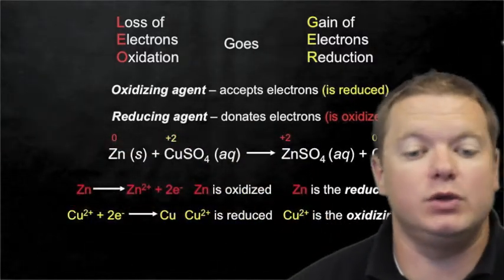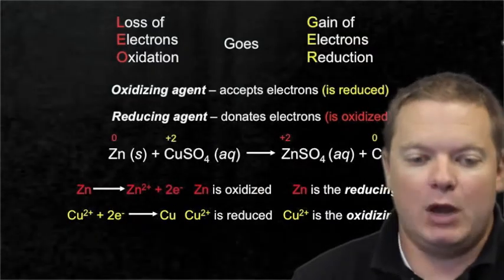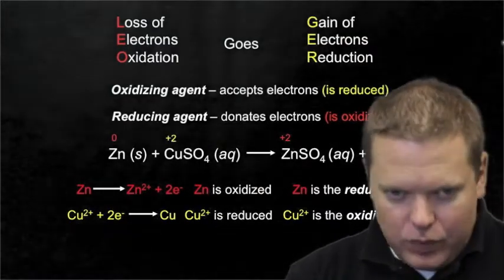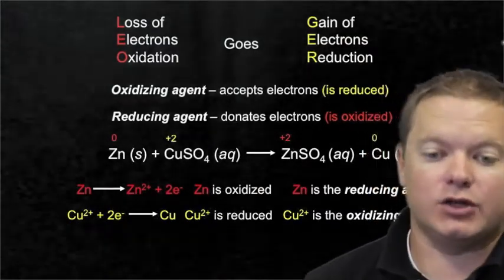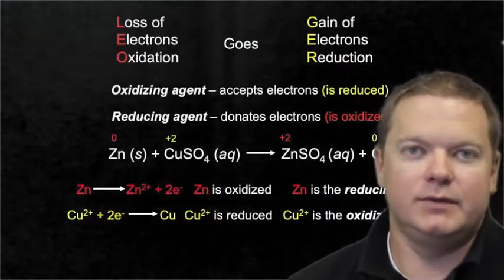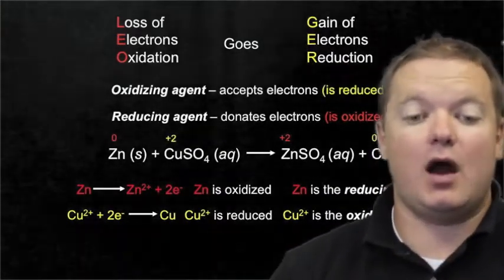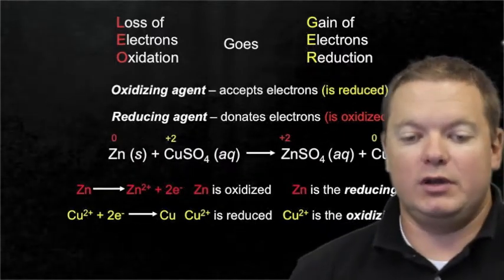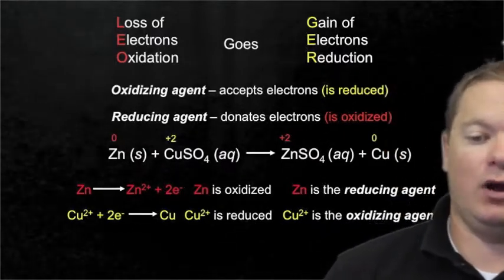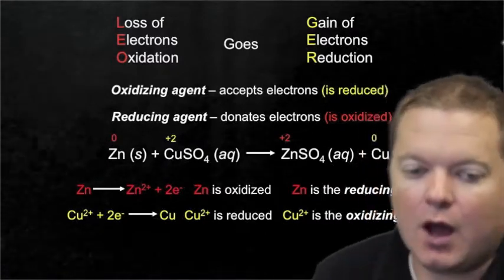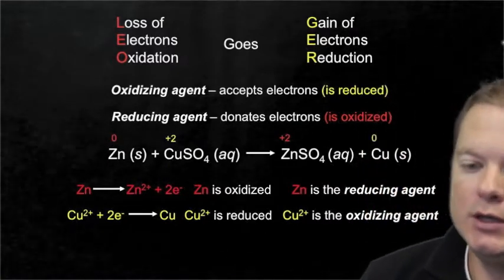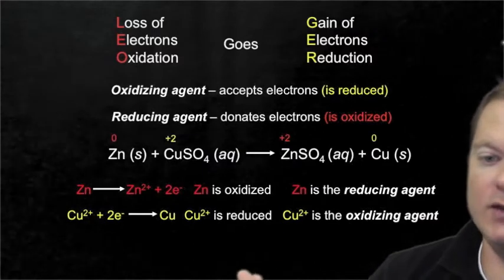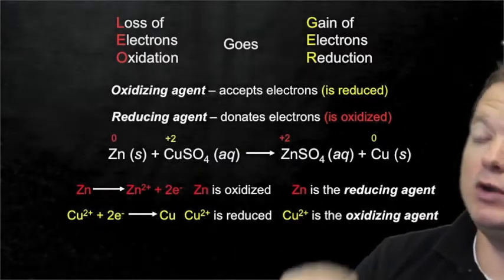So we can break those two into their half reactions, and we see that because the zinc lost electrons, it is being oxidized. And the fact that it's being oxidized is causing something else to be reduced. So the zinc in this case is what we call the reducing agent. The copper goes from 2+ to 0, so it is gaining electrons, so it is being reduced.